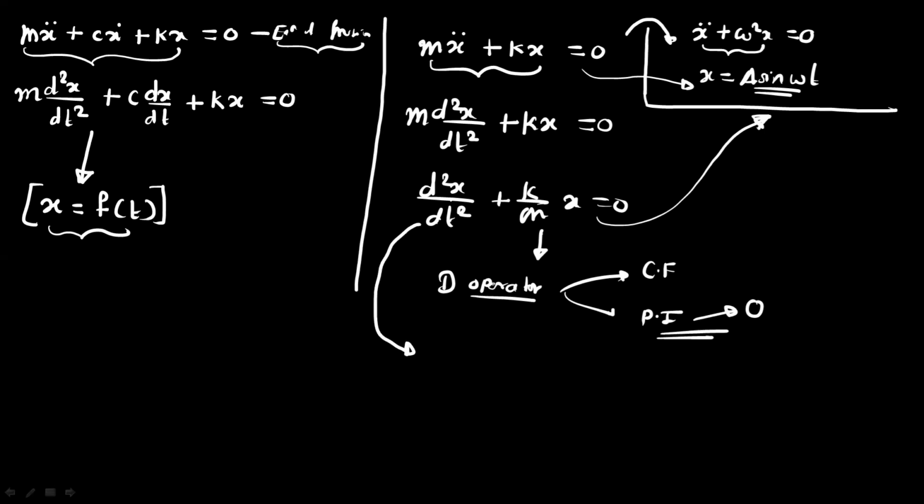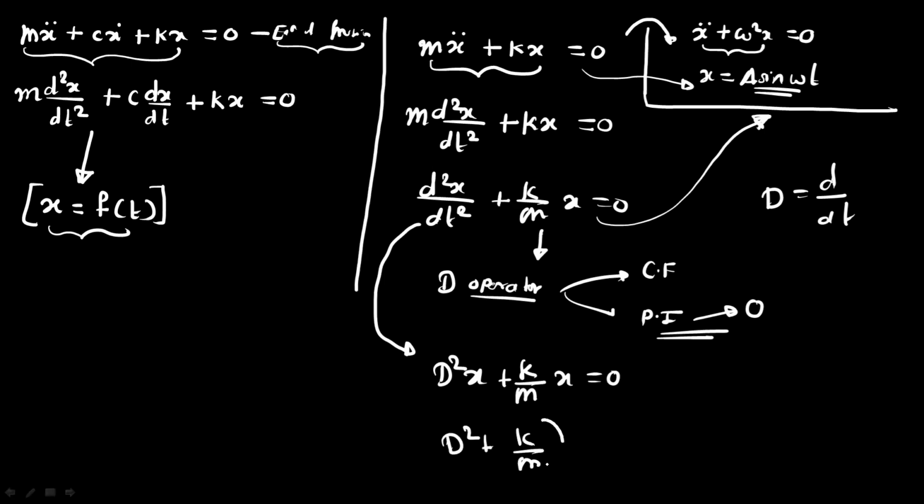So how to convert this equation into the D operator? The D operator is nothing but d by dt. Just replace this value. So I will write this as D square x plus k by m x equal to 0. If you take x common, it becomes D square plus k by m into x equal to 0.